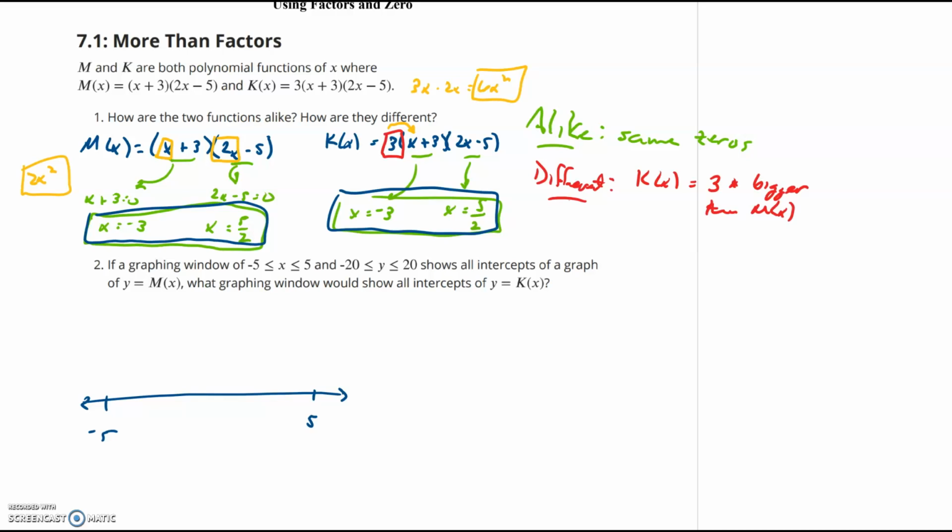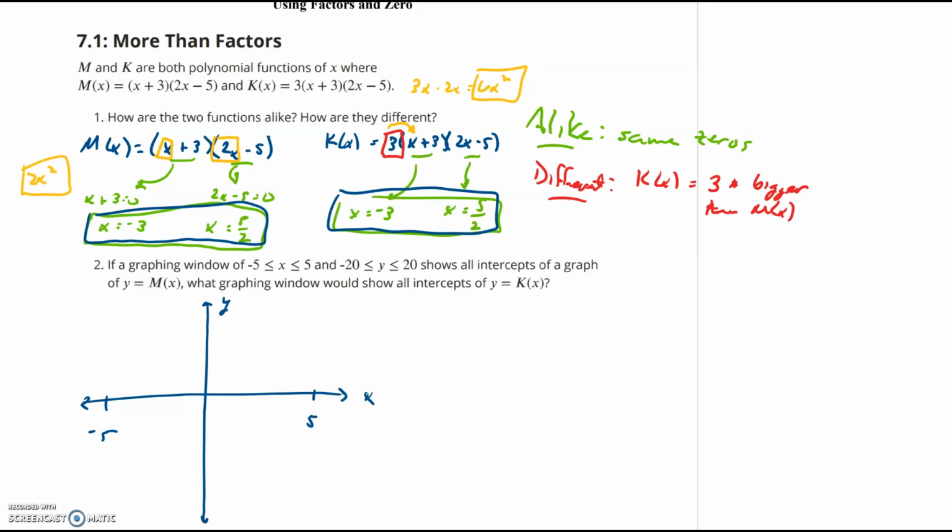So for my constraints on the horizontal axis of my graph, I shouldn't really have to change those. However, notice my vertical axis. If I draw my vertical axis here, there's my x-axis, this is my y-axis.